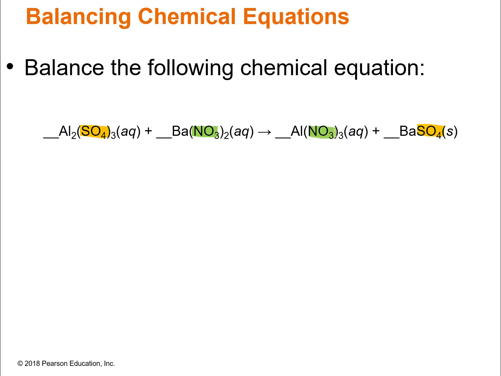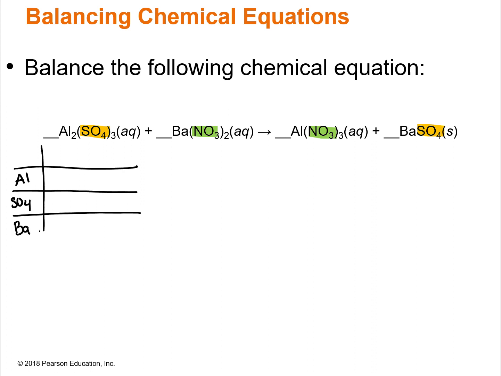I see it all together on each side, so I can keep them together when I make my chart. Aluminum, sulfate, barium, and nitrate.